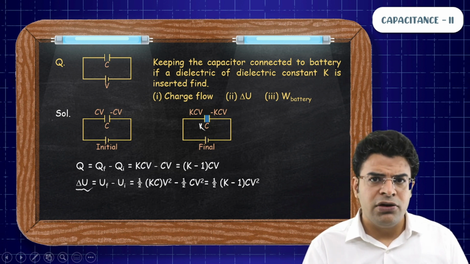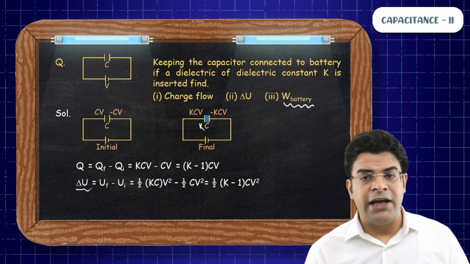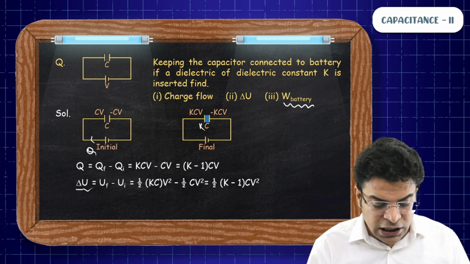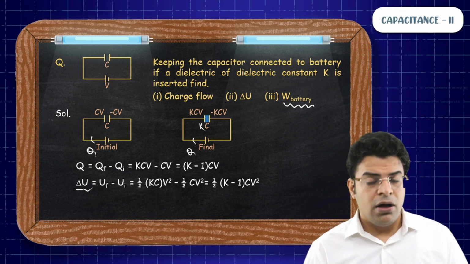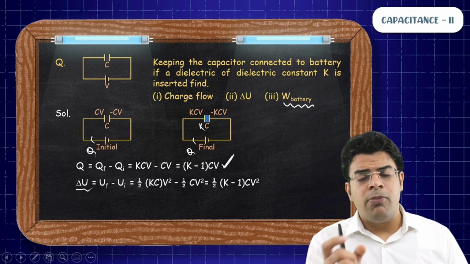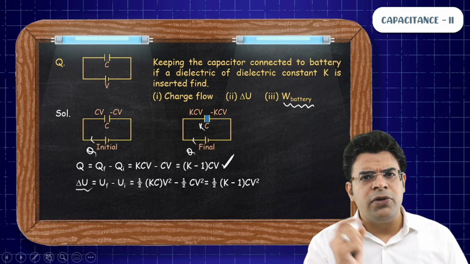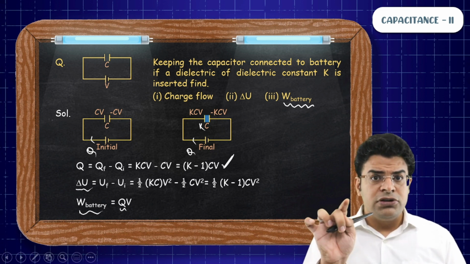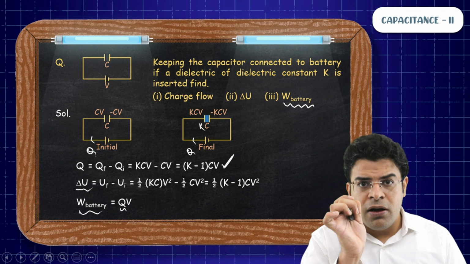The last part of the question, what is the work done by the battery? The work done by the battery will be nothing but the charge flow, how much extra charge has flown, which is K minus 1 into CV, multiplied by the potential drop across the terminals of the battery.